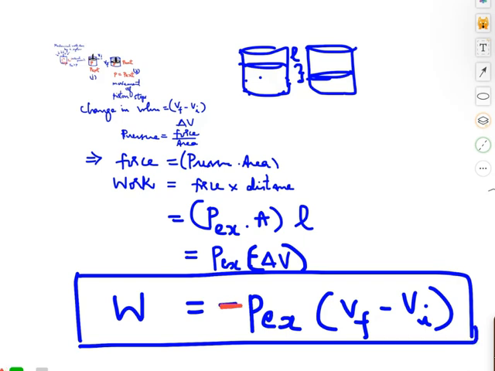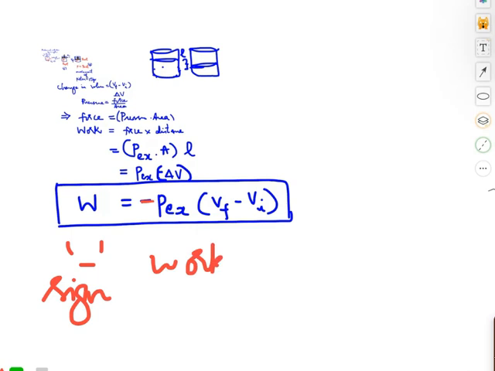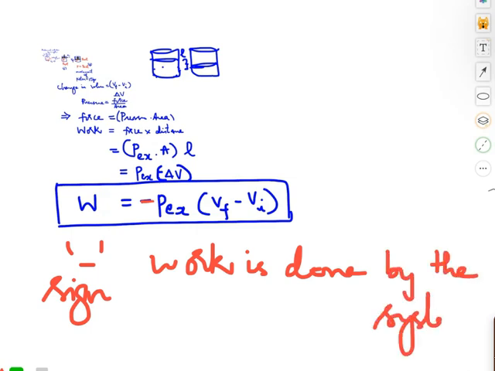So this negative sign indicates work is done by the system. Is that clear?